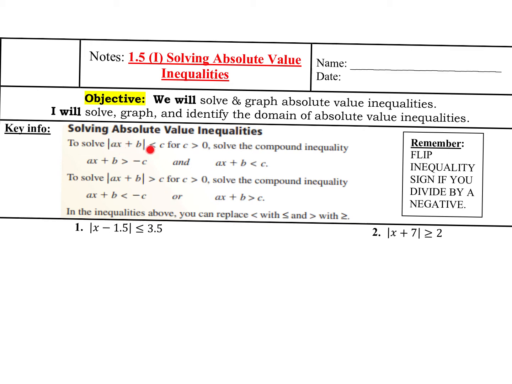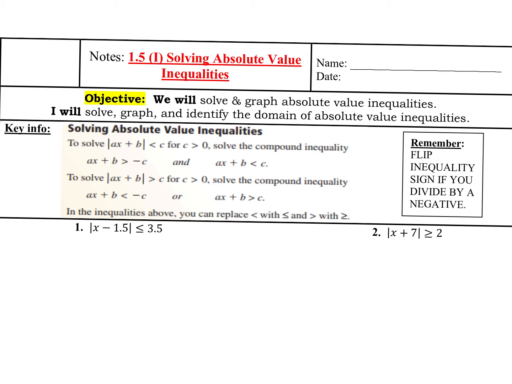If an absolute value problem is less than the constant side, it's going to be an "and" problem. Think "less than". That means it's not eating the absolute value. But if it is eating the absolute value, therefore the absolute value is greater than the constant, think of it as a "greater" problem. So it's an "or" problem.